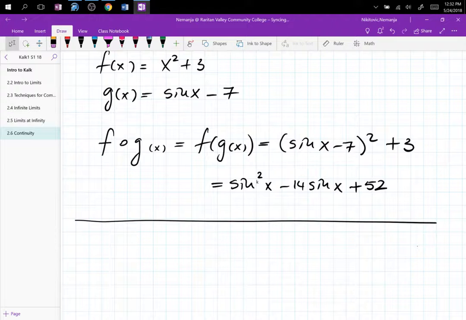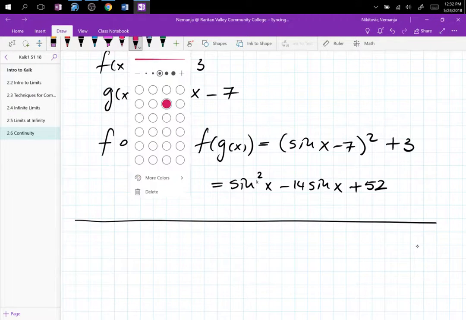That's that. At this point, continuity is over. I just need to take a look at some examples, and the last one is continuity of inverse functions.